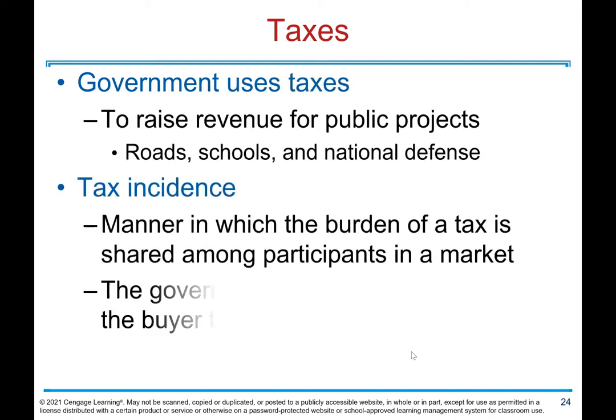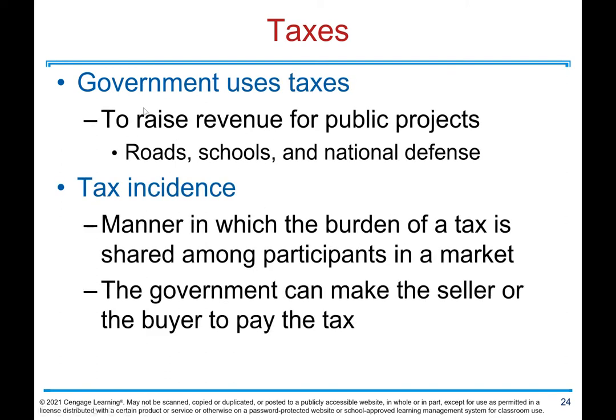Let's look at taxes. Government uses taxes to raise revenue for public projects like roads and schools and national defense. The tax incidence is the manner in which the burden of a tax is shared among participants in a market.